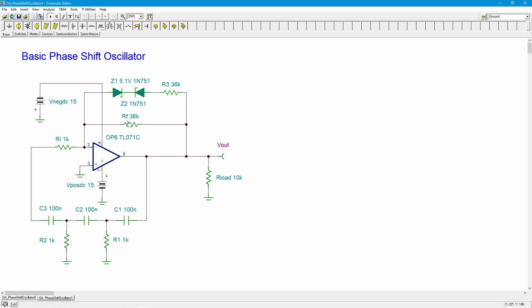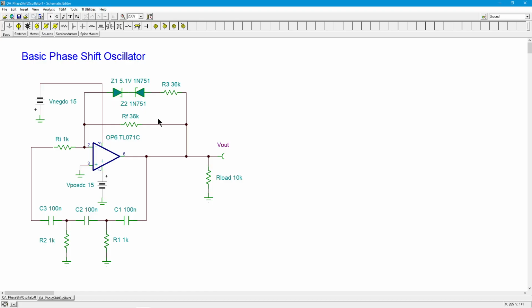So as the signal increases, RF effectively gets smaller and smaller because the bigger the signal is, the smaller this net impedance up here is. And therefore, putting it in parallel with RF makes that result a little bit smaller. So this eventually settles on a value that will give us just the proper forward gain that we need. All right.